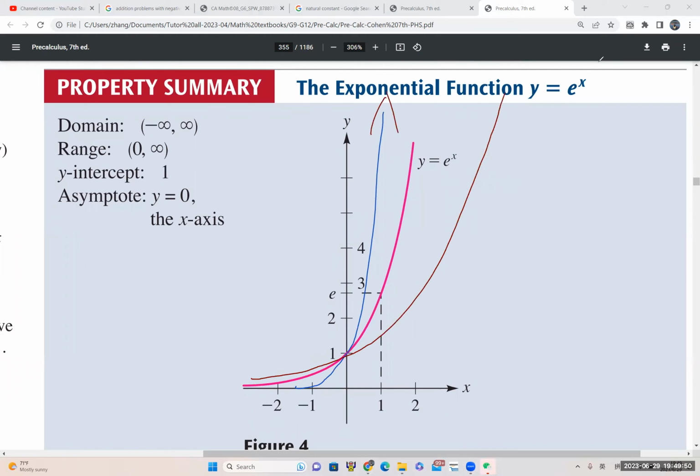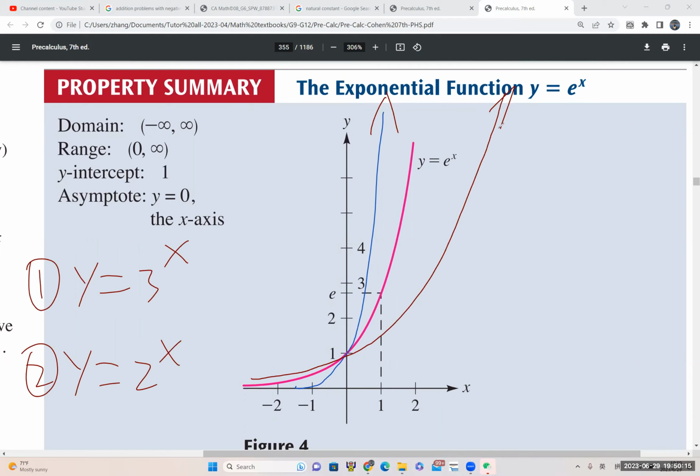For these two functions, I draw one as y equals 3 to the x power, one as y equals 2 to the x power. So who is who? If I call this 1, this 2, is this function 1 or function 2?